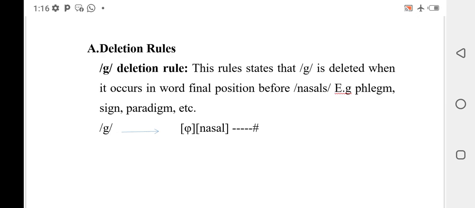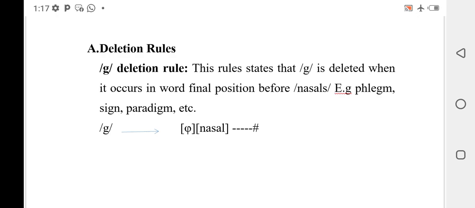Now in the word paradigm, the same thing happens, because G becomes deleted when it occurs with nasal M at the word final position. Remember we said the word final position. There are some you will find and it will tell you syllable final position or syllable initial position. So this is the word final position. It's telling you that the word can be a monosyllabic word, a disyllabic word, or a polysyllabic word, like paradigm. Paradigm is a 3-syllable word.